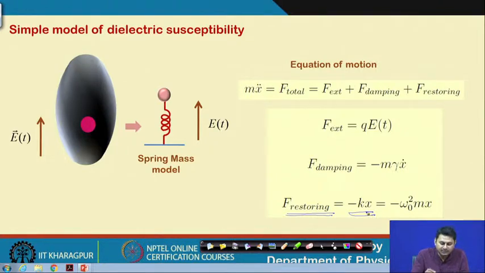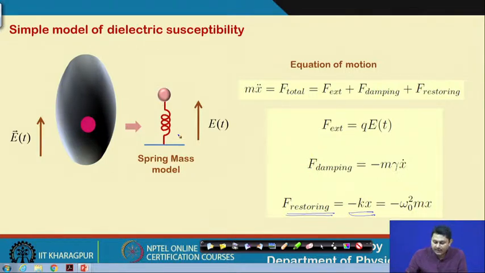If I consider this a spring mass system, and I give some kind of force over this mass, the mass will go up, and then the spring constant tries to bring the mass back to its original position, and as a result we have some kind of restoring force. This restoring force is nothing but minus k into x. It is a distance dependent force. If x is high, then the restoring force is high. This is Hooke's law.